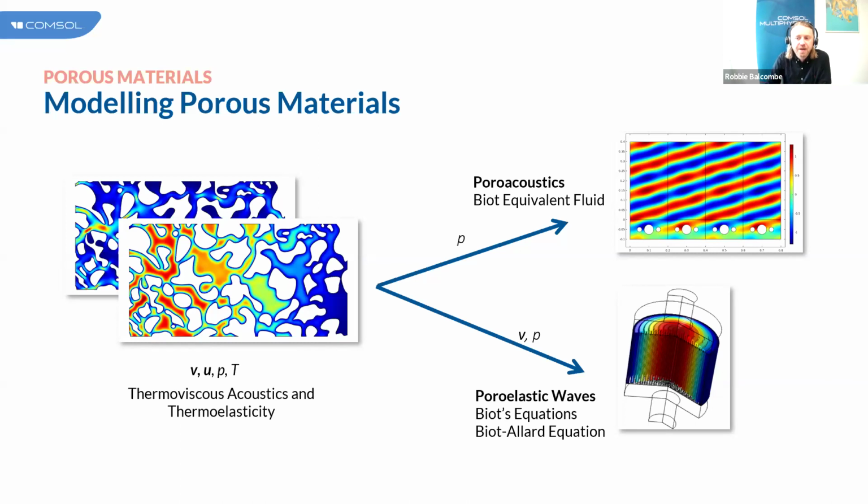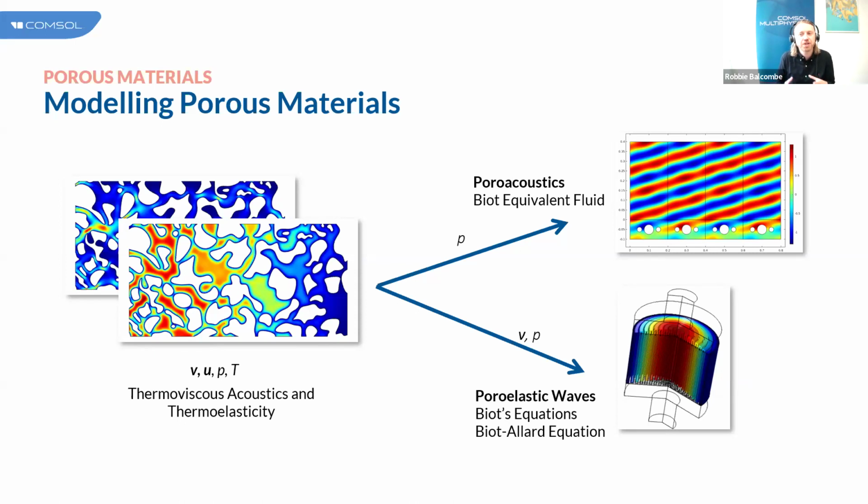The alternative method for modeling a porous material is to use what we call poroelastic waves. In this case, what we're modeling is an acoustic structure interaction problem. We're calculating the vibration of the porous matrix, but also calculating the acoustic transmission within the pores.